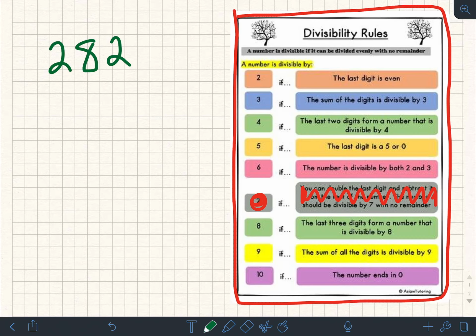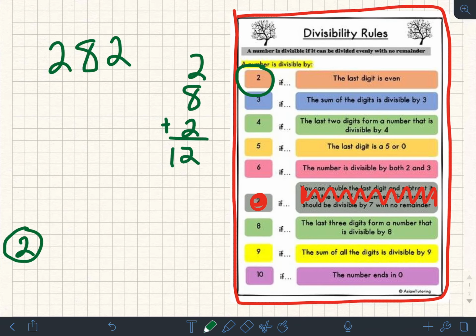So we have our test for 2: if the last digit is even. 2 is an even number, so it is divisible by 2. 2, 8, and 2 add up to equal 12. The test for 3 is if the sum of the digits is divisible by 3. 12 is divisible by 3, so this is divisible by 2 and 3 so far.